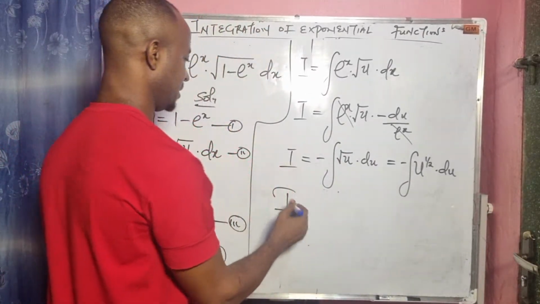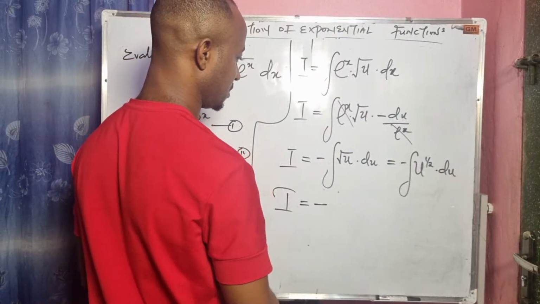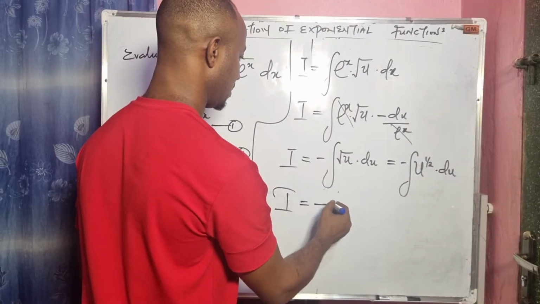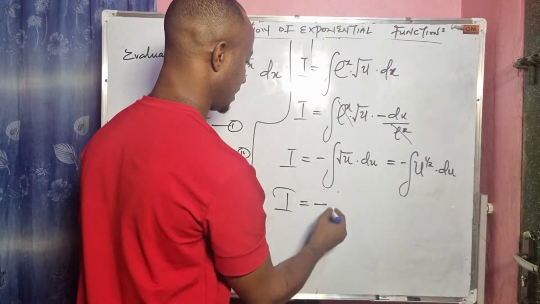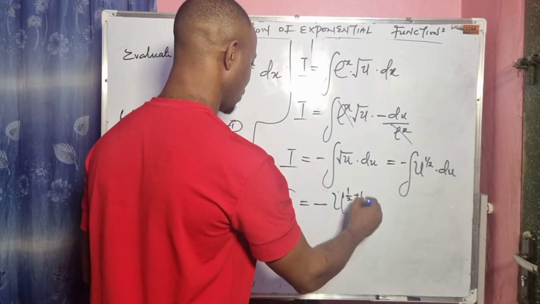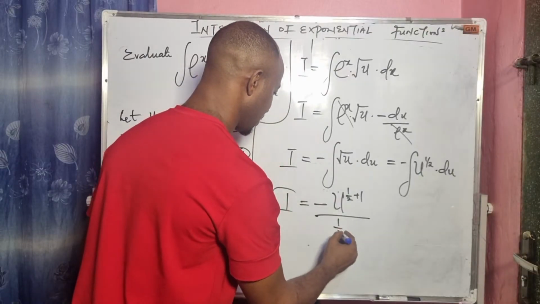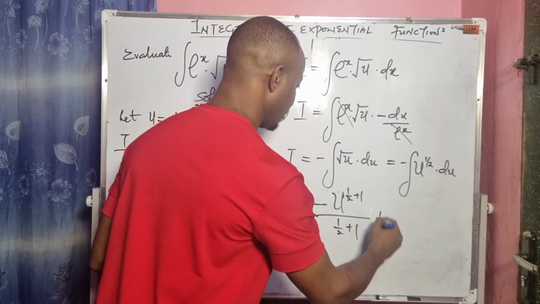So our integral equals minus u to the power of 1 over 2 plus 1, divided by 1 over 2 plus 1, then plus c.